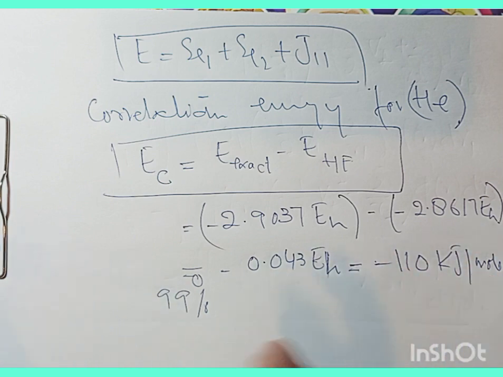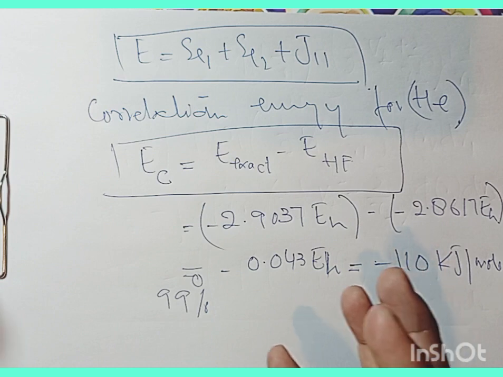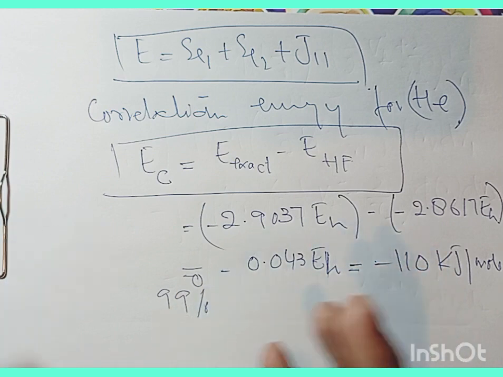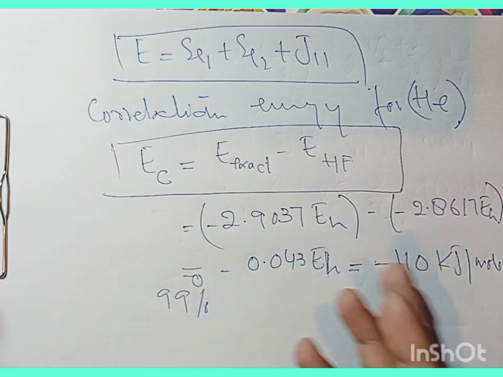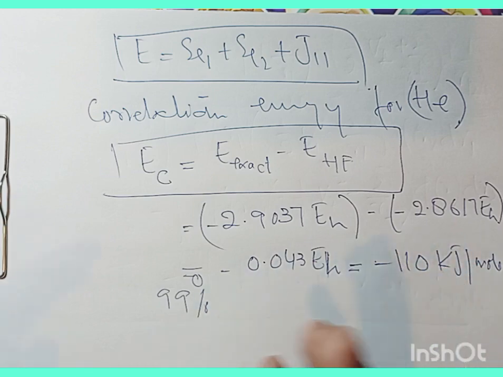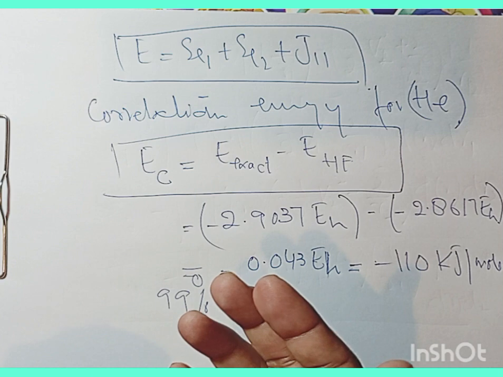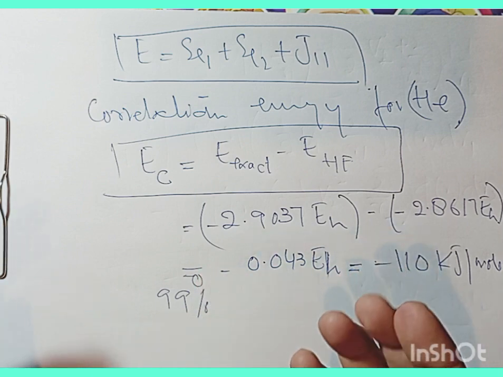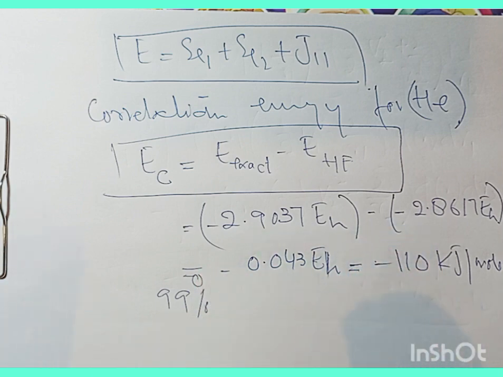It's like that with the simple helium atom that we have here: the mass of the nucleus in comparison to the mass of the electron is extremely large. So anything that we are obtaining here as 99% of the problem is again filled with a lot of error.